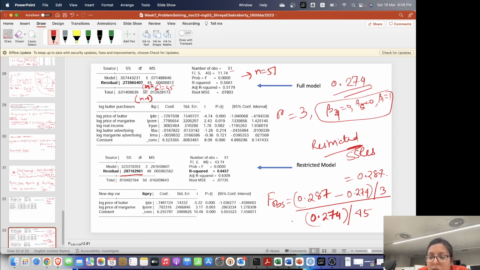So once we get this, we will have F observed. So how much is F observed coming? That will be the same as this thing. And this table we get from the software. Which software?